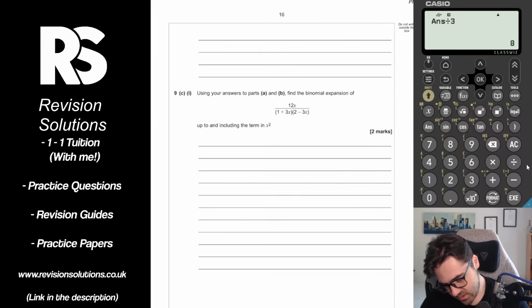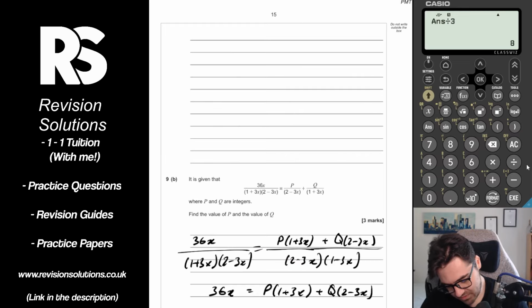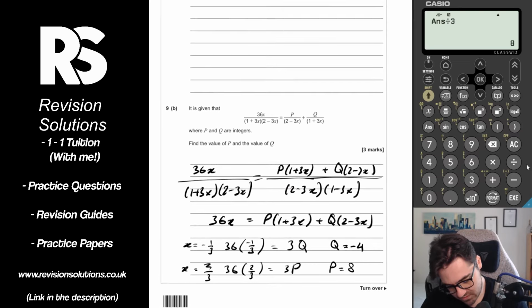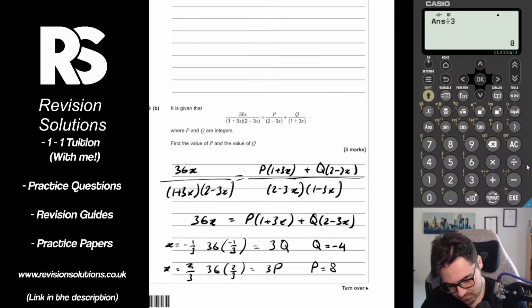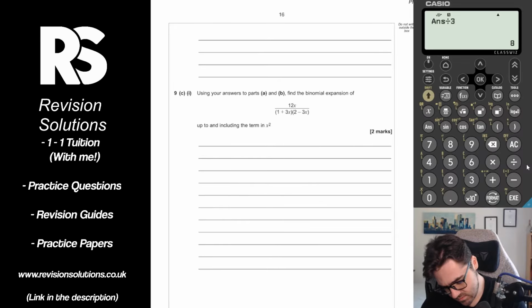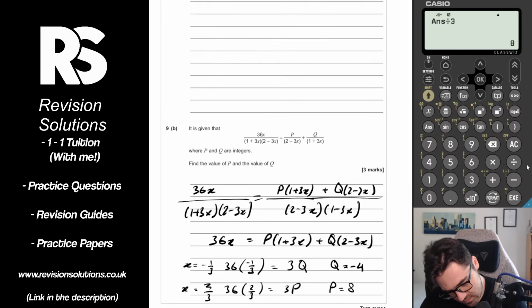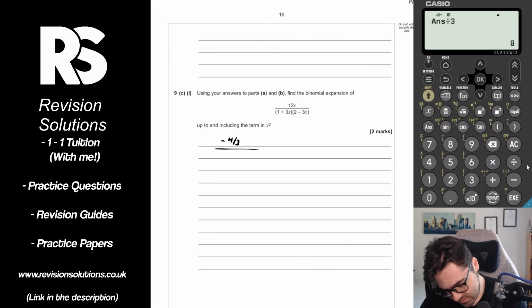Then C part 1, it says, using your answers to parts A and B, find the binomial expansion of this. Well, first off, how that relates to part B is it's the same thing, but a third of what we had before. So we're going to do a third of our values for Q and P. So that would be minus 4 over 3, over the 1 plus 3x.